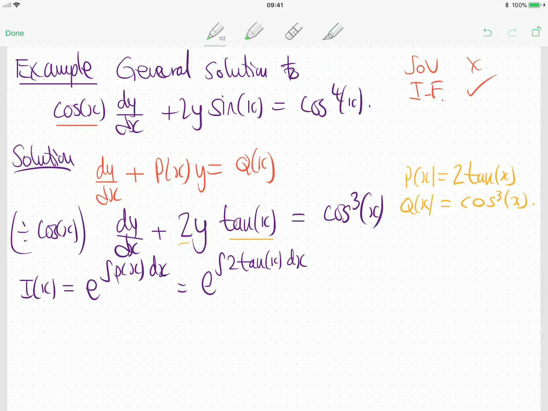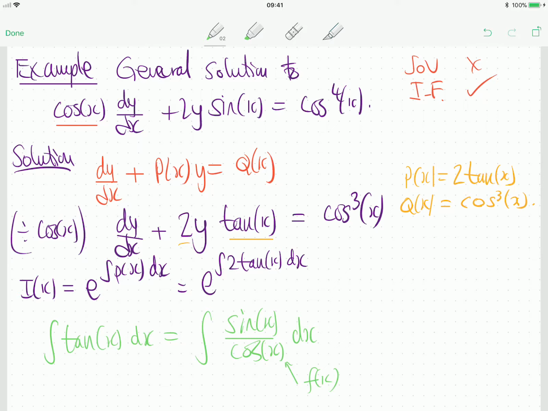Okay, so I'm going to do a side note here. Integrate tan. Well, tan by definition is sine divided by cos. So how do we integrate this one? Well, we should notice that we have a cos on the bottom, so a bit like an f of x, and almost its derivative on top. Almost. We're out by a negative sign. So to fix that I'm going to put a negative sign there and a negative sign there.